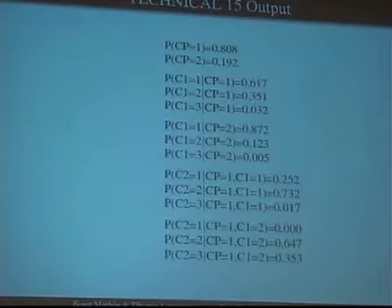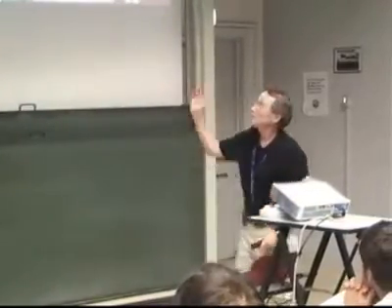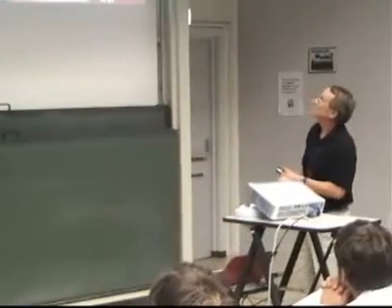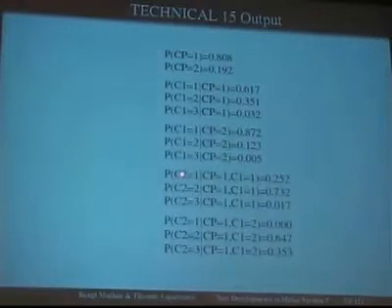But what you get here now is the Tech 15 output. You get these conditional probabilities, and you have them on the two screens following each other. This is Tech 15 output. So for instance, you have the transition between C1 equals 1 and C2 equals 1 at CP, the poverty 1 category here.